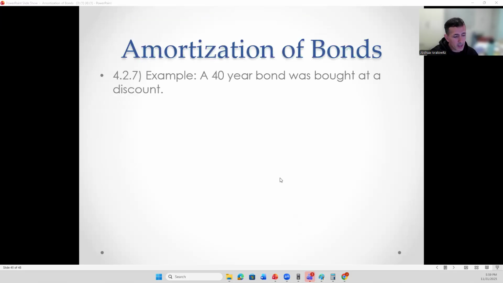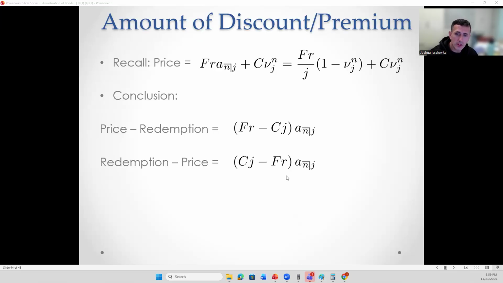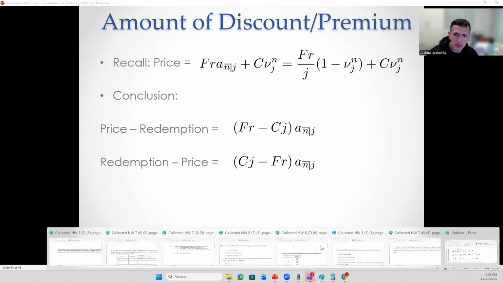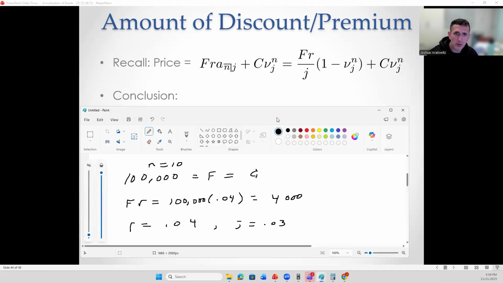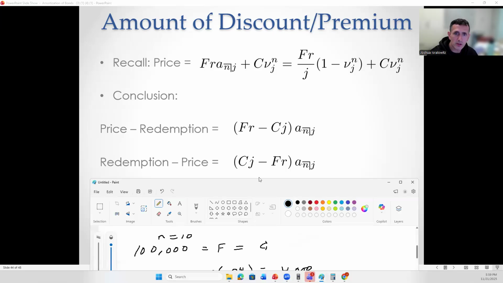All right, so last example using these formulas. So yeah, maybe to make this a little clearer, let me do this.